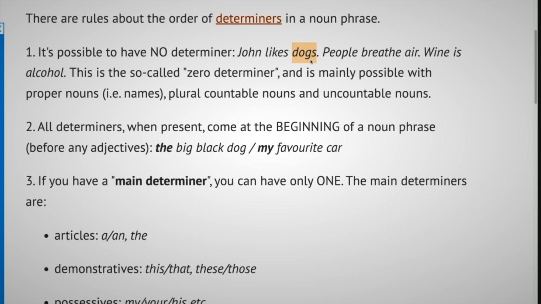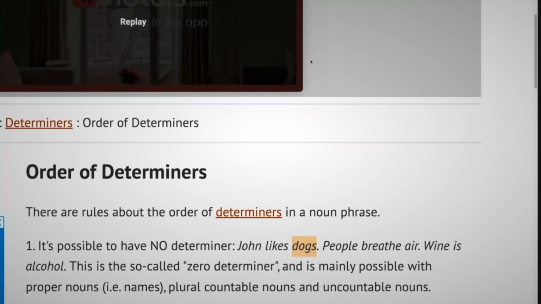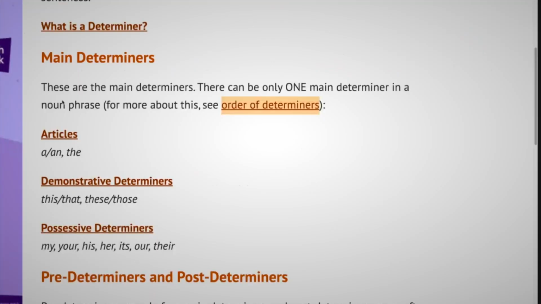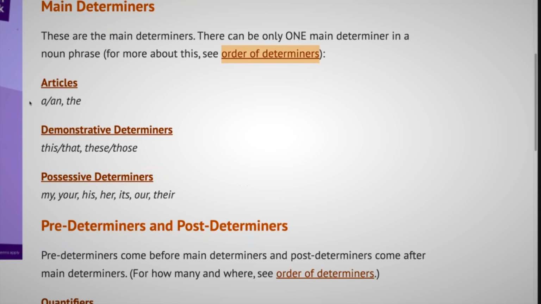So a is an indefinite article, and two, some would say it's an adjective, but it's a determiner. We have the indefinite article and the definite article.